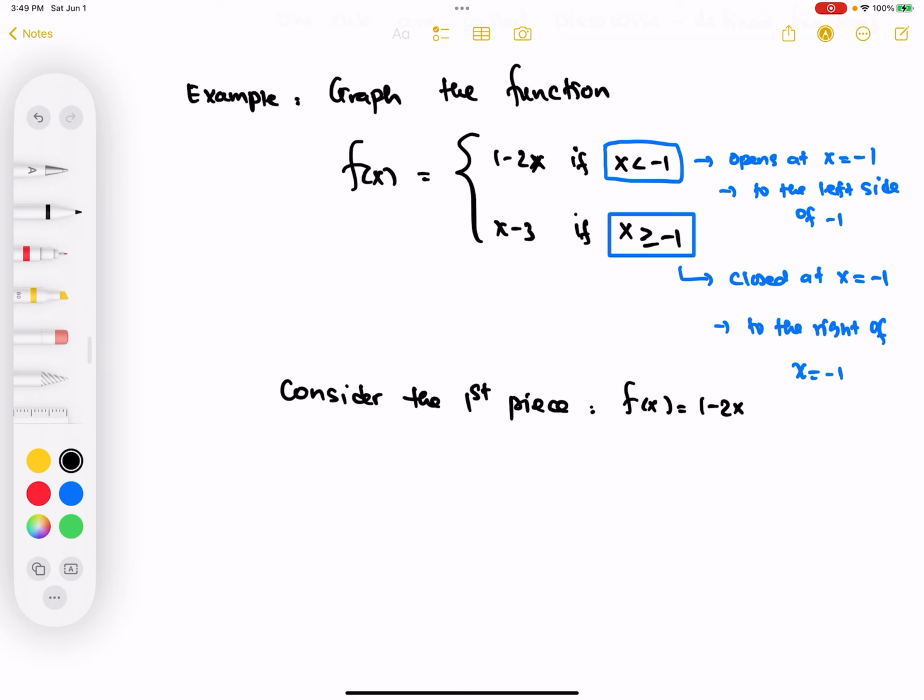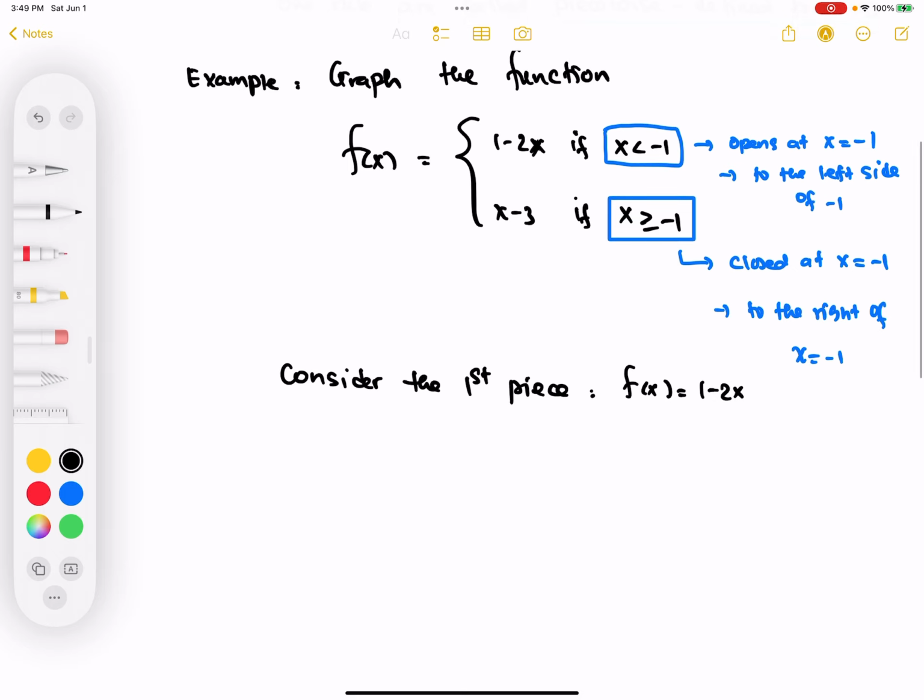We can use x equal to negative 1 as a reference point. Let's find the value of y for the first piece when x is equal to negative 1. Then 1 minus 2 times negative 1 is 1 plus 2, which is 3. Then the ordered pair is negative 1, 3. Remember, this one is open.